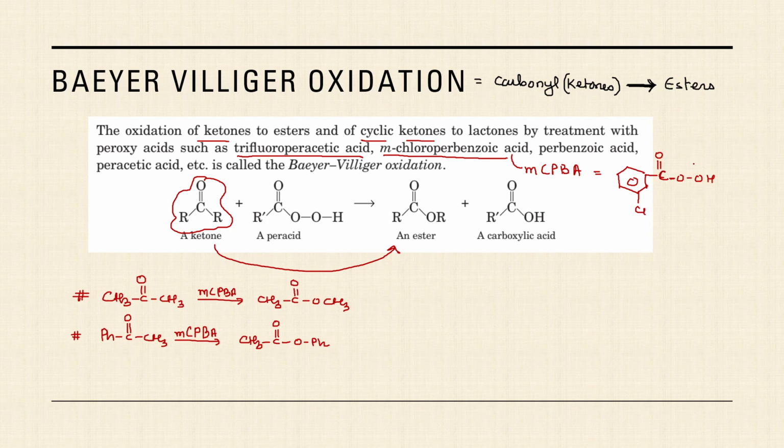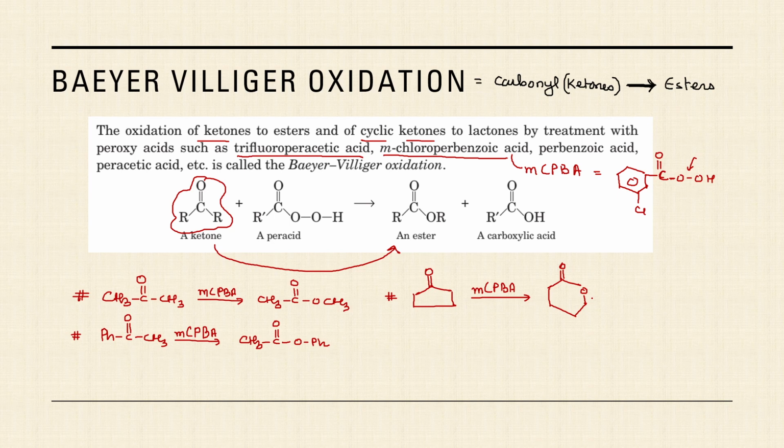You can see there is a peroxy linkage. If you take a cyclic ketone like this, cyclopentanone, and you take MCPBA, then you will get this species.